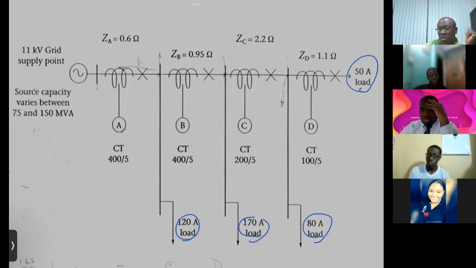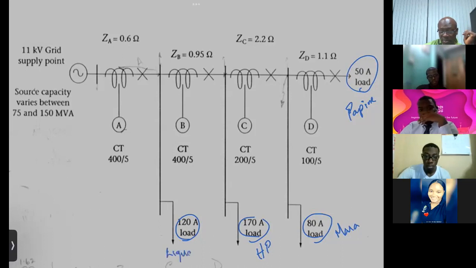So you have this, let's say that is Papine. This is Mona. This is Hope Pastures. Which other community nearby? Whatever. This is Ligani. All right. So those are our communities, and this is the feeder from the Hope substation.